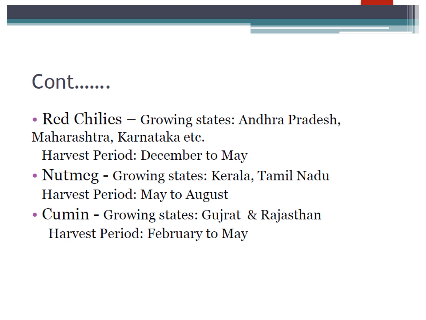The harvest period of red chilies is December to May. Nutmeg. Growing states are Kerala, Tamil Nadu, and their harvest period is May to August. Cumin. Growing states Gujarat and Rajasthan. Harvest period is February to May.